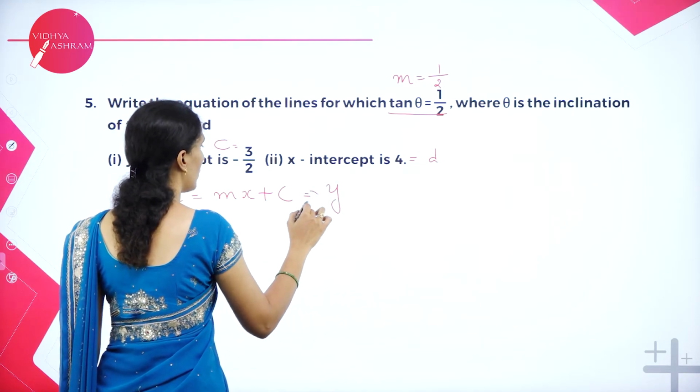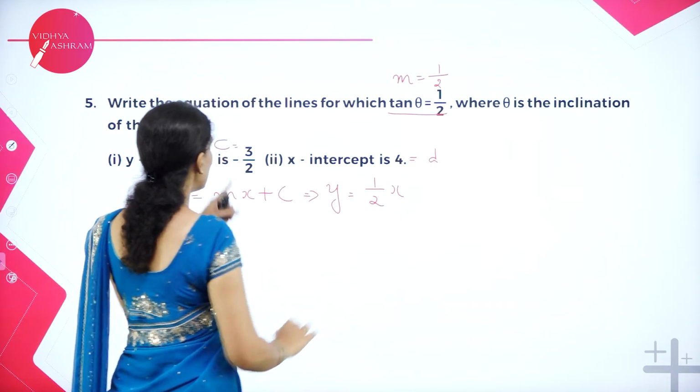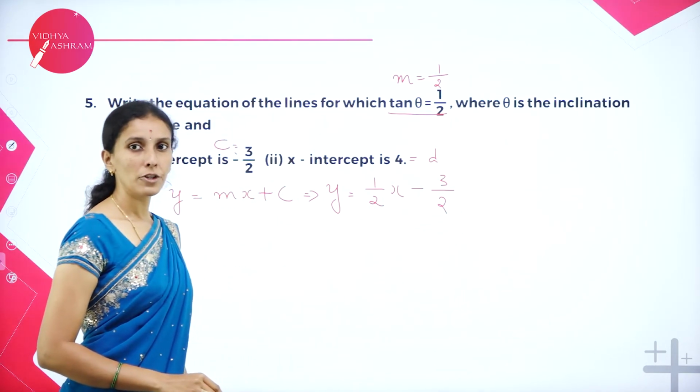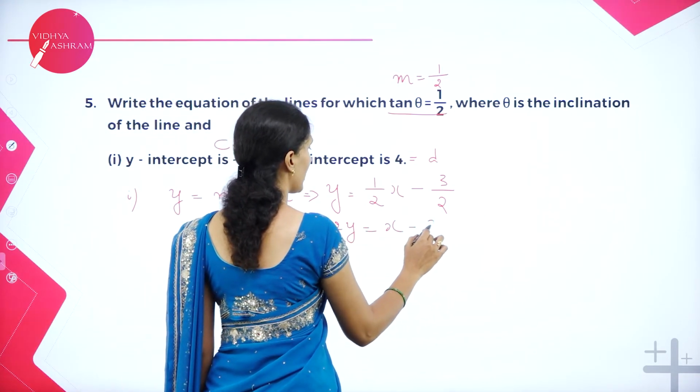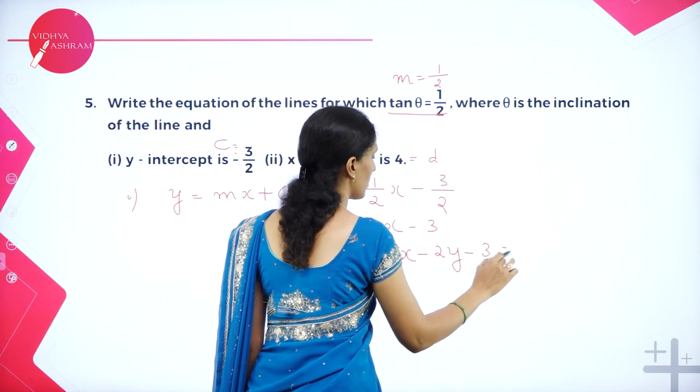So y is equal to m, given as half, c is minus 3 by 2. Multiply 2 on both sides, you will get 2y is equal to x minus 3, or x minus 2y minus 3 is equal to 0.